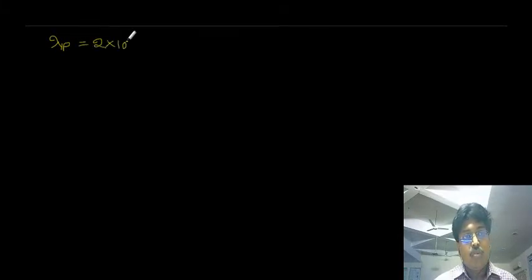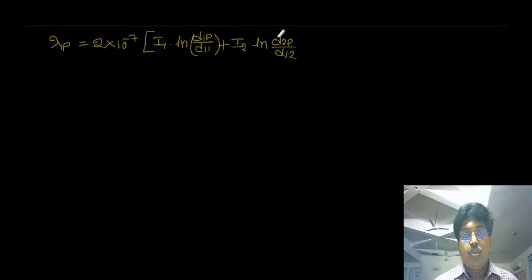The total flux linkage of conductor 1 up to point P is 2 into 10 power minus 7 into I1 into logarithm of d1p by d11, plus I2 into logarithm of d2p by d12, and so on, plus In into logarithm of dnp by d1n.